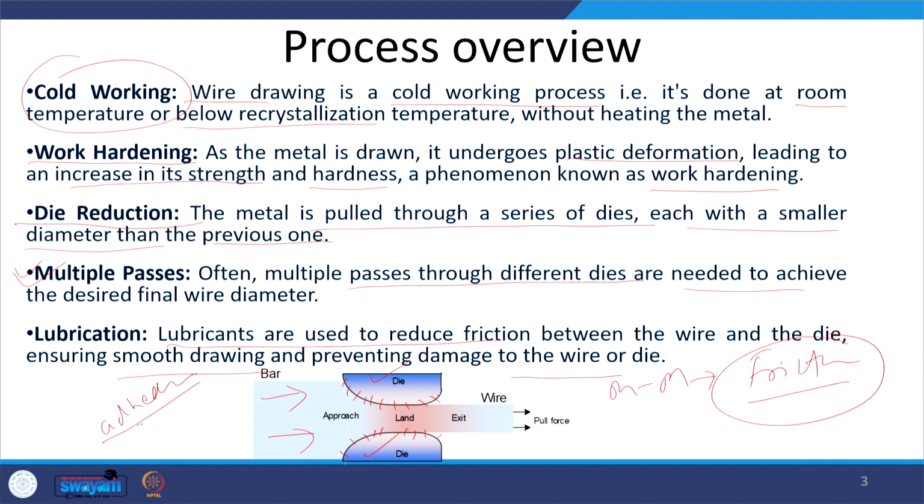Therefore, for longer life of the die as well as for reduced force required for wire drawing, a suitable lubricant helps in reducing the friction between the metal and the die, which reduces the wire drawing force and power required, and also increases the life of the die.